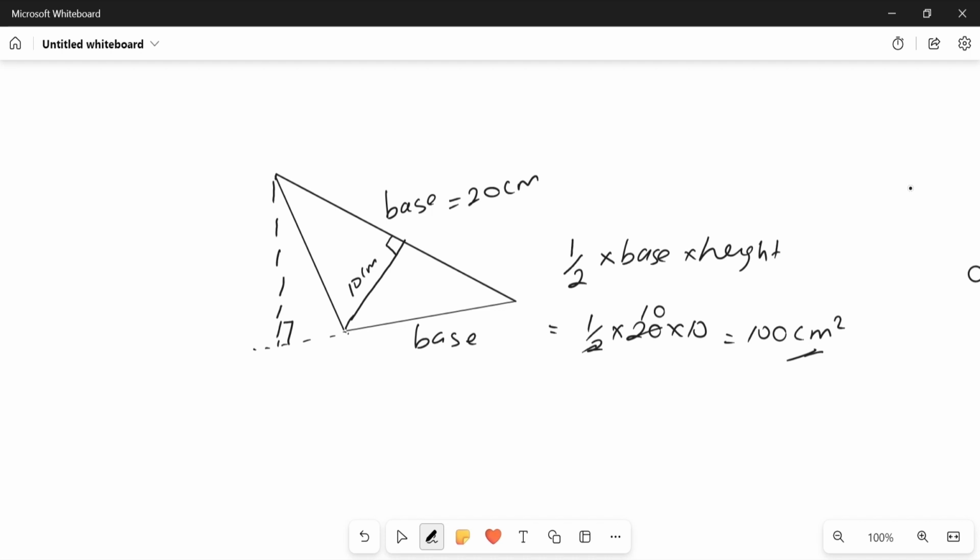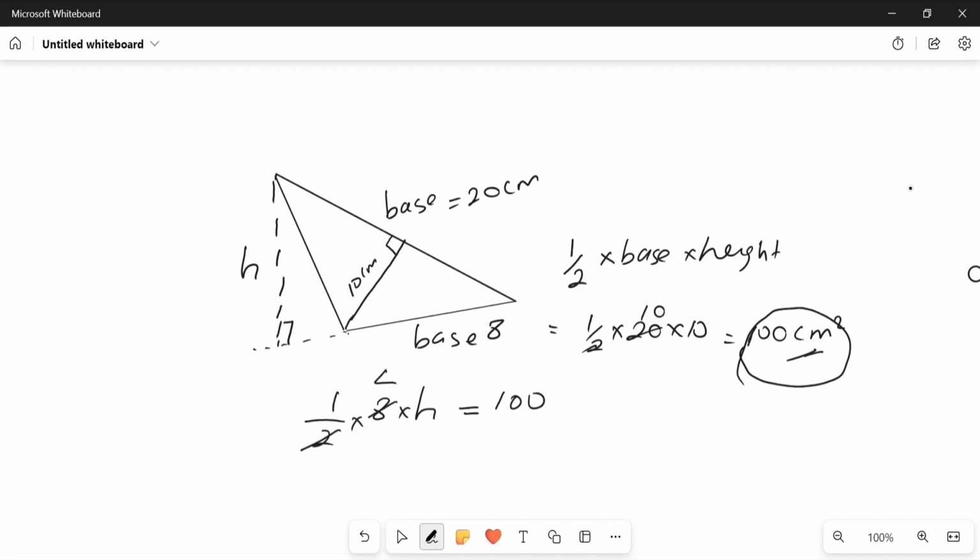So the base is 8. If you don't know the height, right? Already we have found the area of this triangle, 100. Therefore, half into base 8 into height, which we don't know, equal area. Area is already found, that is 100.